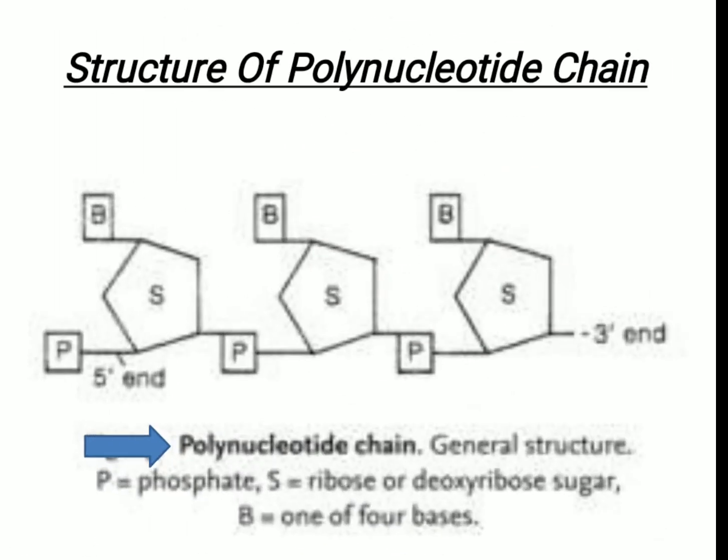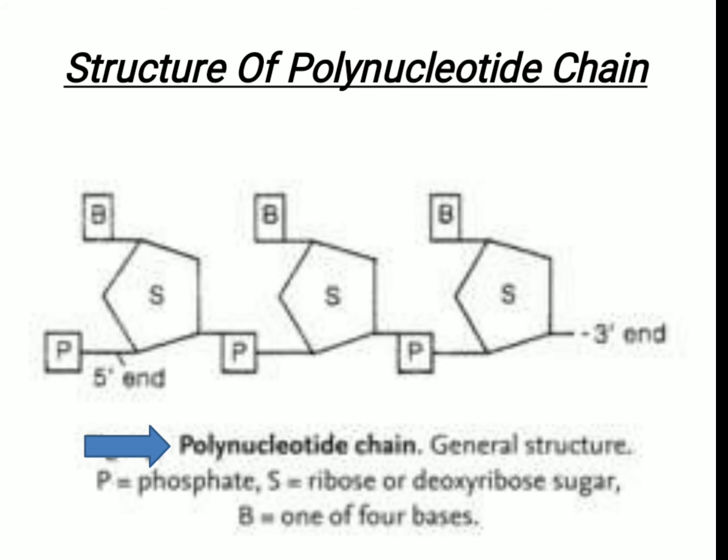Now, after this, let me talk about the structure of the polynucleotide chain. You have already studied in class 11th, in the chapter biomolecules, the structures and functions of the various monomers and polymers of biomolecules, and you have also studied the polynucleotide chain of DNA or RNA.